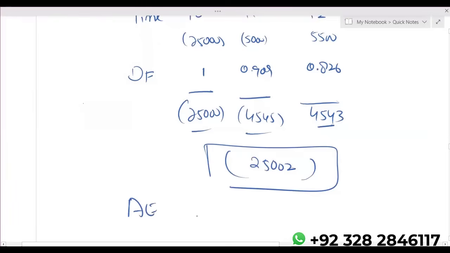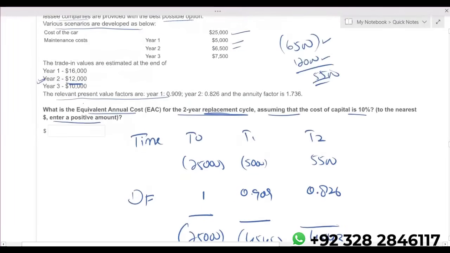Annual equivalent cost. Now there's no need to write negative, just write this, divided by the annuity factor of 2 years. Just add both of these discount factors, because we are calculating the annual equivalent cost for the second year replacement cycle. So 0.909 plus 0.826.